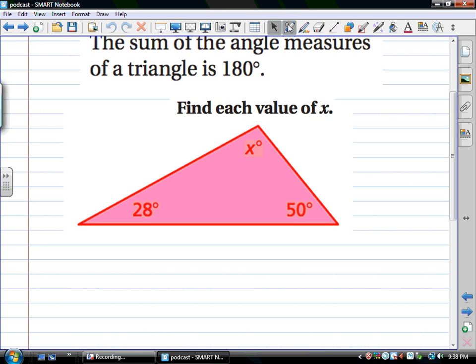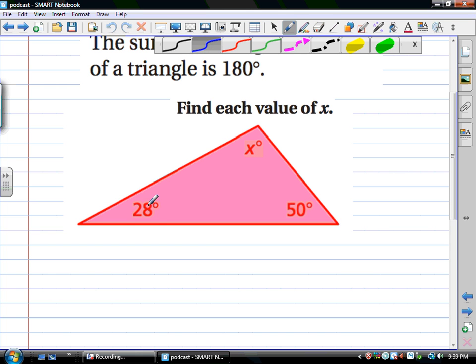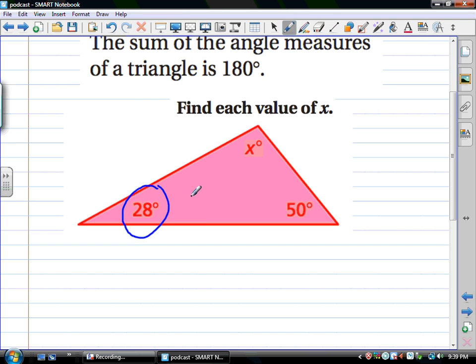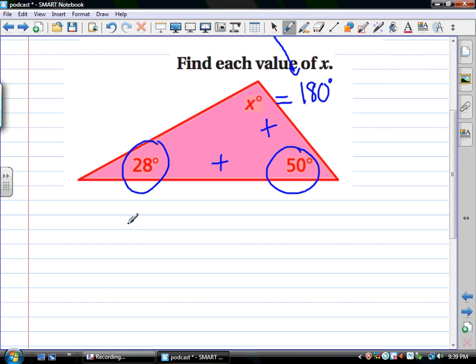First strategy is I'm going to write an equation. So I'm going to say 28 degrees plus 50 degrees plus x, our variable, has to equal 180 degrees. Why? Every triangle has to add up to 180 degrees. So I'm going to write myself an equation.